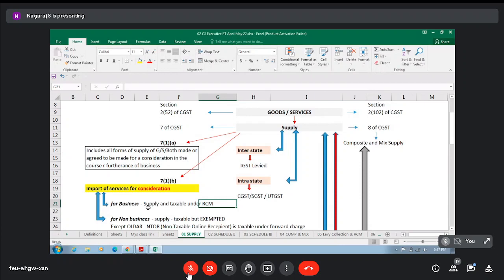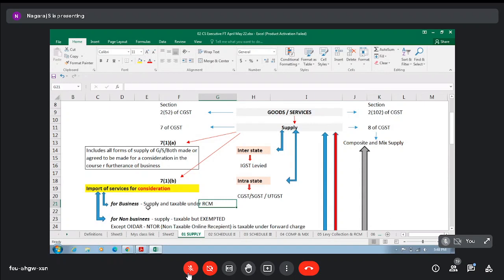Sorry, not goods, because goods are covered under customs. The recipient of the services in case of import is liable to pay GST to the government of India. Okay, if it is for business.